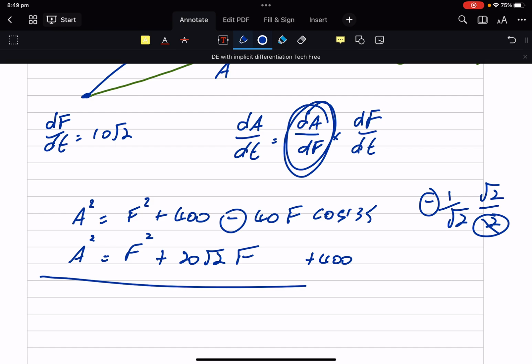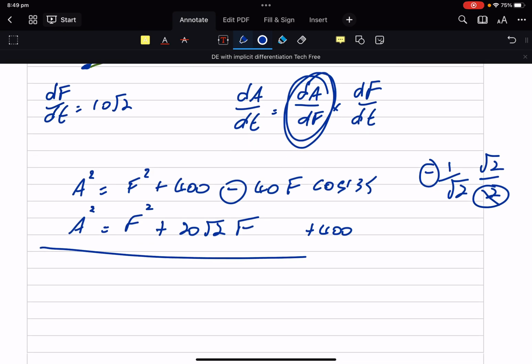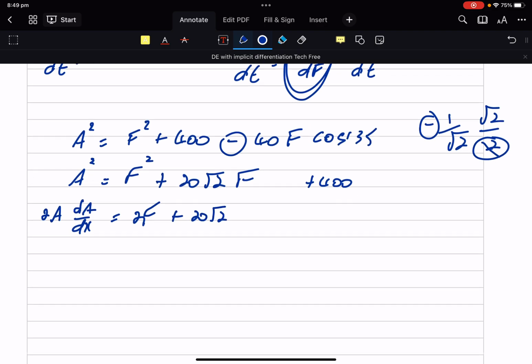So clearly, look, if you wanted to, you could go A equals a big square root and then differentiate that, but we're big boys and girls now, aren't we? So we can do implicit differentiation. F plus 20 root 2.